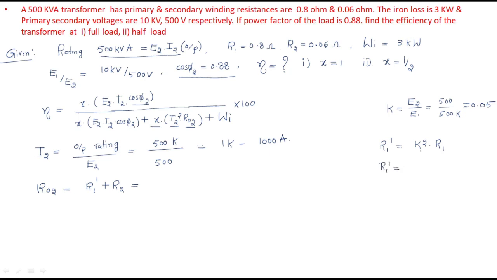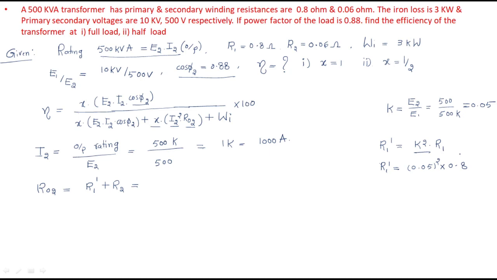R1 dash equals k value 0.05 whole square into R1. What is R1 here? R1 is 0.8.